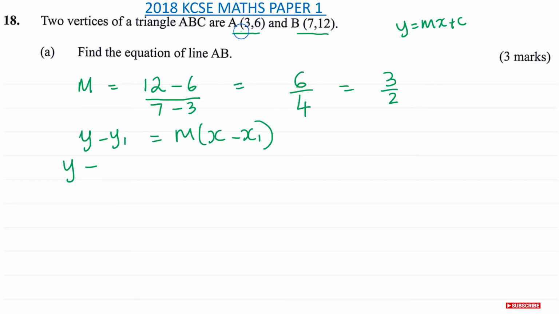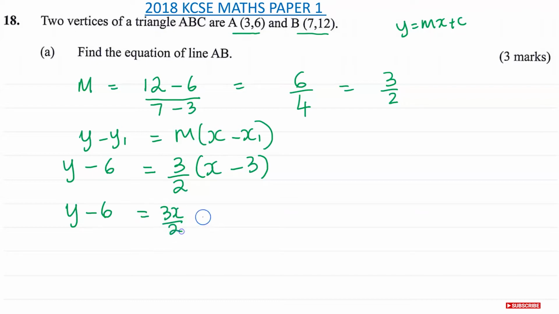I'm just going to use coordinate A. This means I'm going to use 6 here for y1, and that's going to be equal to my gradient, 3 over 2, and then x take away the x coordinate, which is 3. And now all I have to do is y minus 6 is equal to 3x over 2 minus 3 times 3, which is 9 over 2.